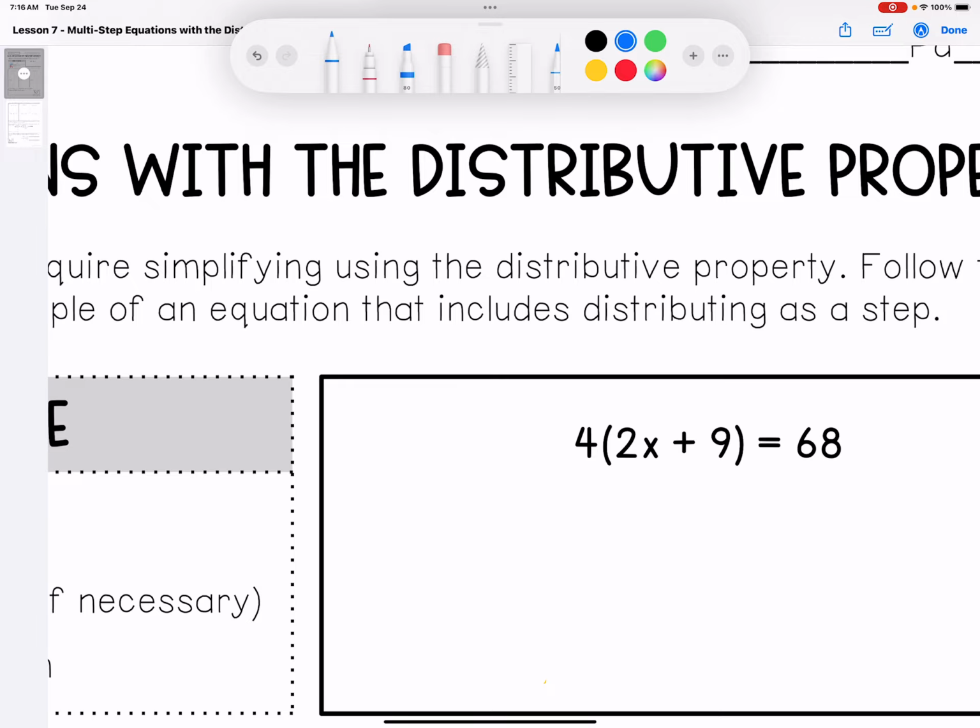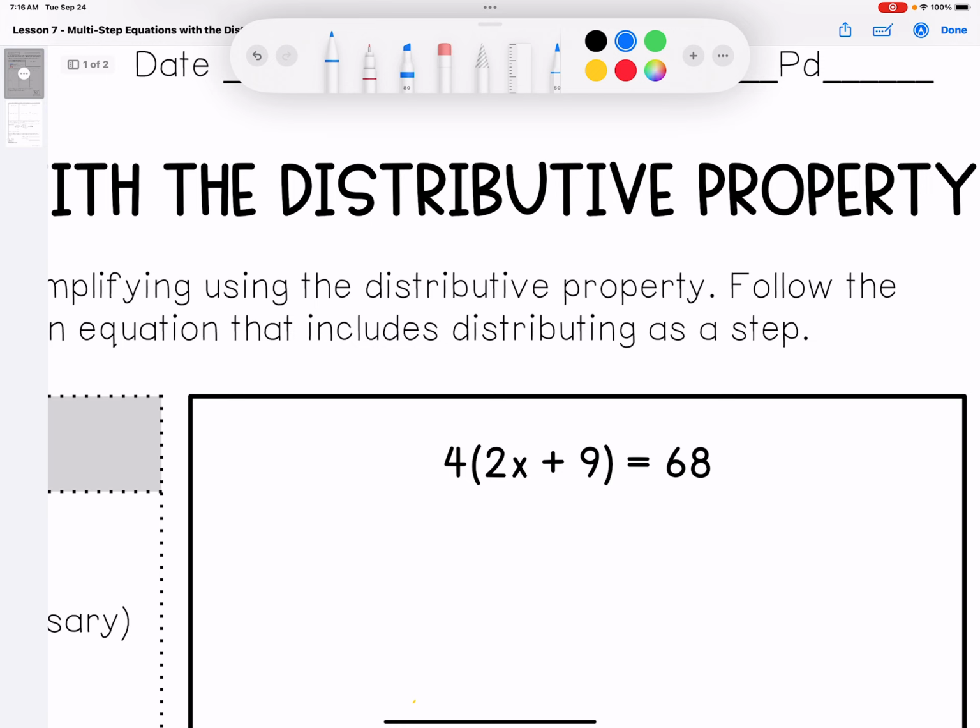Let's get it started. All right, distributive property. Just like this, you multiply whatever's on the outside times what's on the inside. Same thing over here with distributive property, just like we did a few units ago. This times everything on the inside.